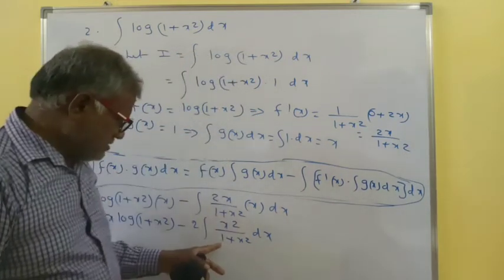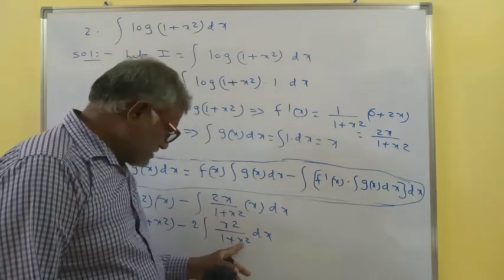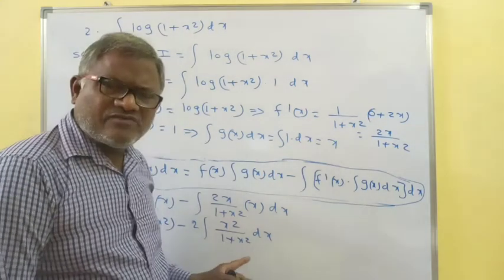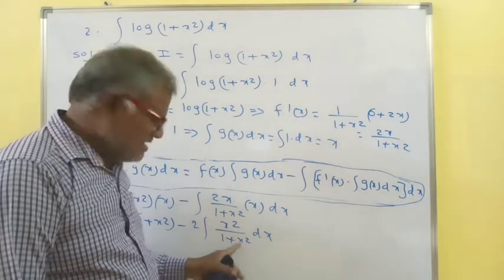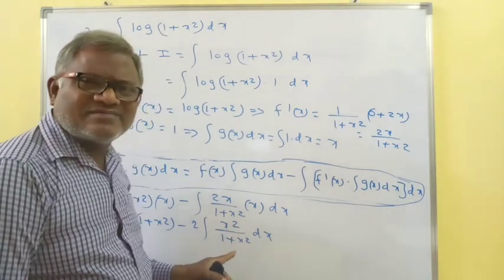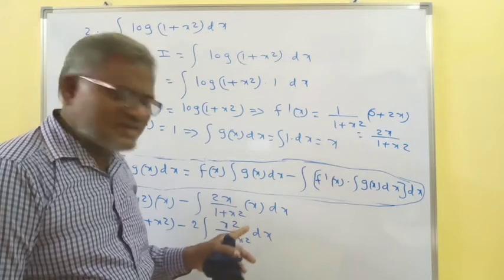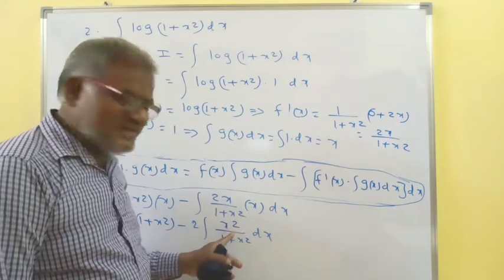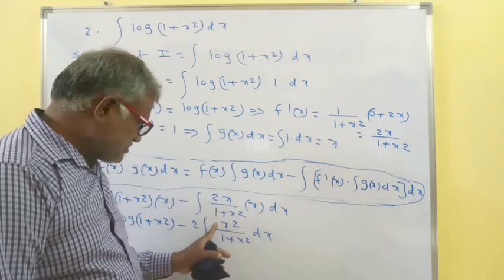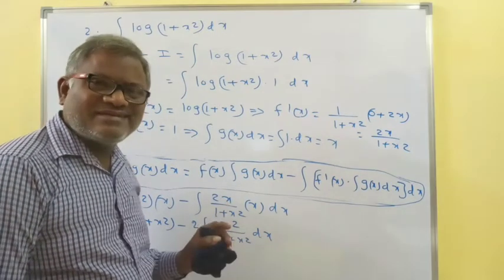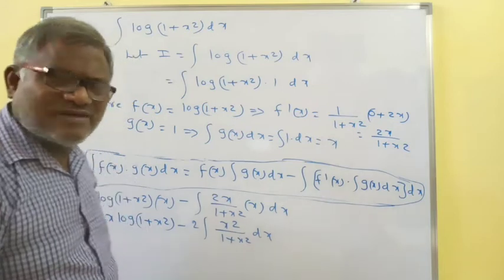Now if you observe the denominator, 1 plus x square is there, and in the numerator only x square is there. So what you have to do here is add 1 and subtract 1.